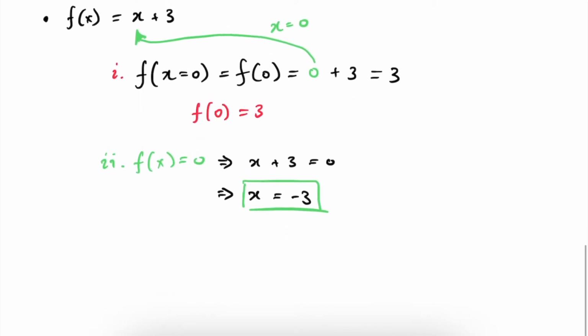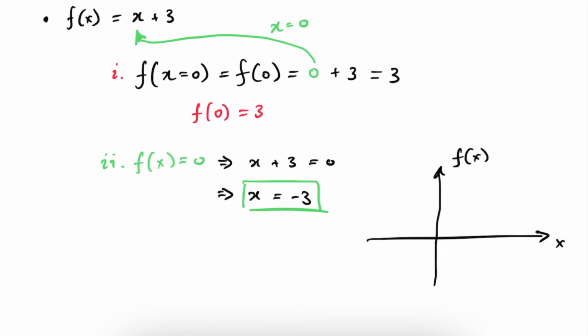Let's now translate our findings onto the graph with x on the horizontal axis and f of x on the vertical axis. Now again, where does our line cross the vertical axis? Well, this is at 3. So 1, 2, 3, that's here. So at x equals 0, we've got that f of x is equal to 3.